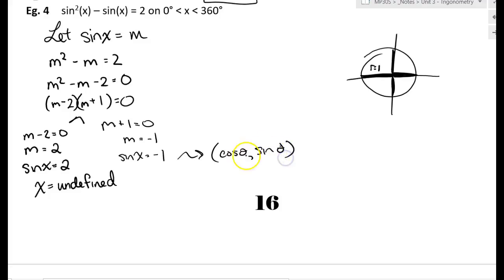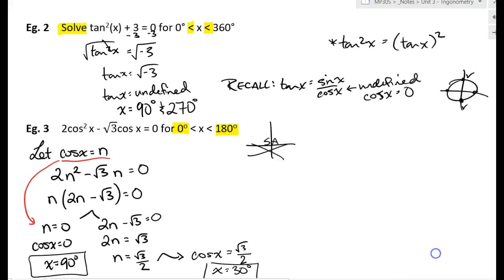And I can use theta here because I'm writing a different kind of rule, so it's just a reference. So I'm looking for my y value. Y value is negative 1, only happens here. So that is when x equals 270 degrees. And so I only have one answer despite the fact that this is a polynomial. And that's how we solve these.